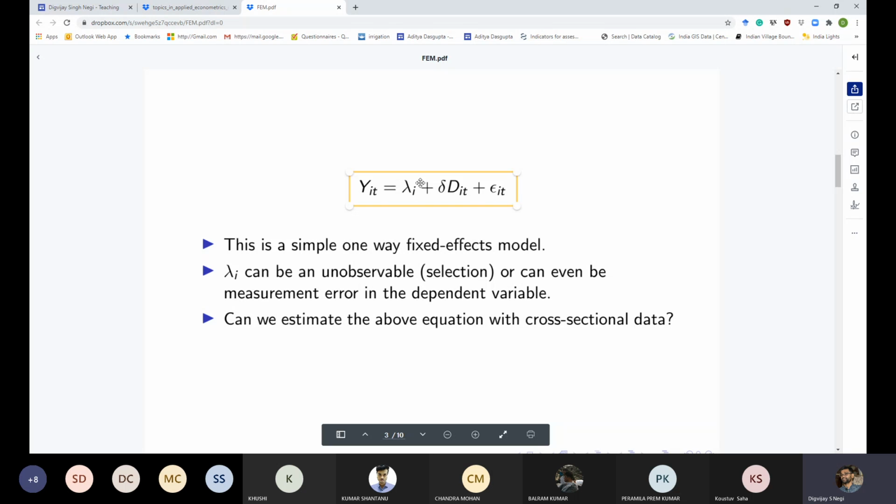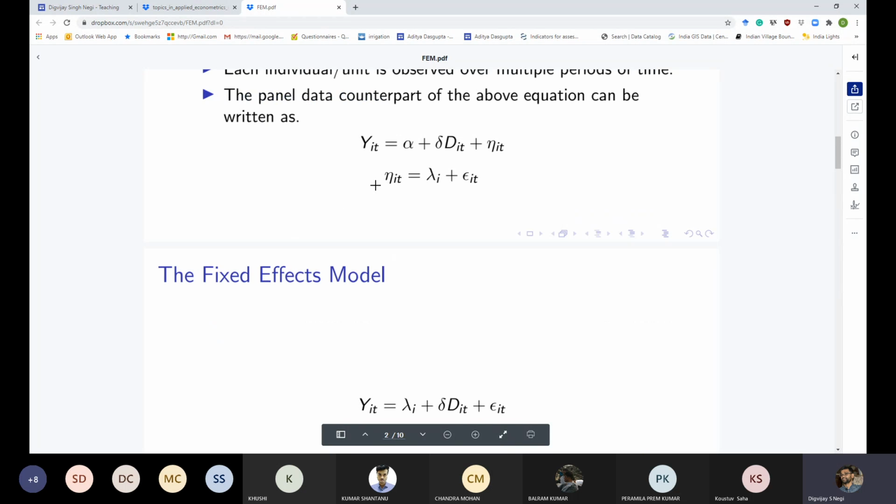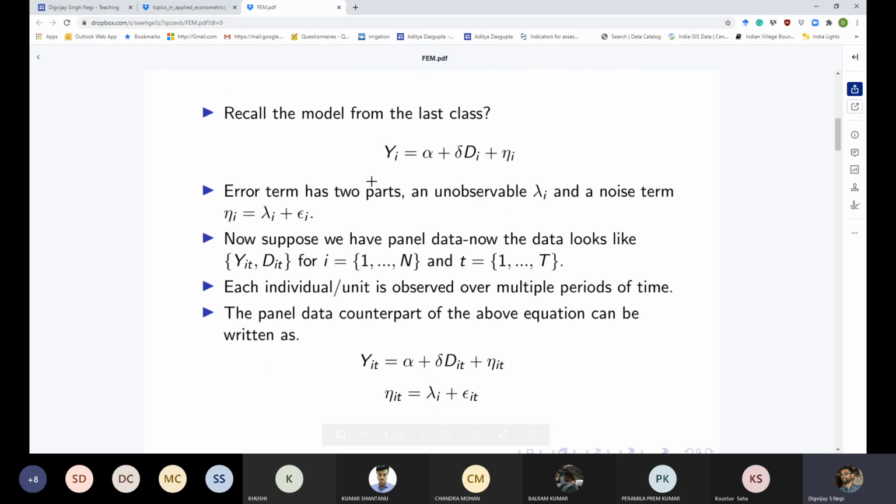With this unobserved variable, we can write it in this form. And the main benefit of having panel data is that, with cross section, remember that example you're working with, agricultural income and training, that was a cross section. So in cross section, this lambda I cannot be accounted for, right?